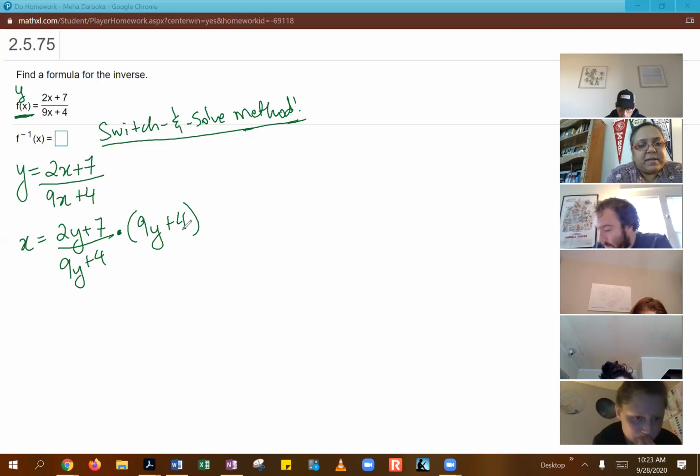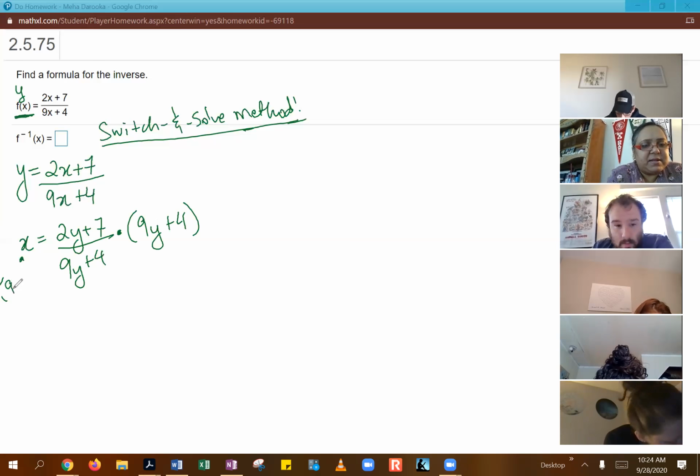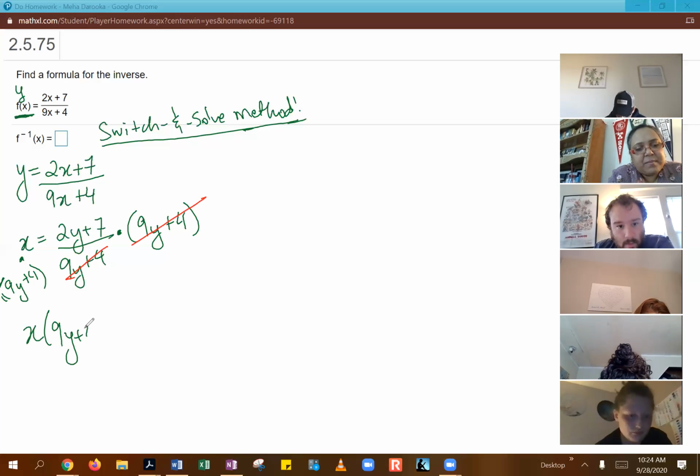So we are multiplying both sides by 9y plus 4. On the right-hand side, of course, the denominator will cancel out. So we have x times (9y plus 4) on the left-hand side and 2y plus 7 on the right-hand side.